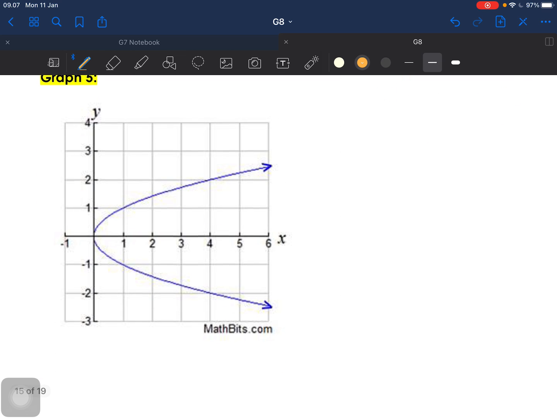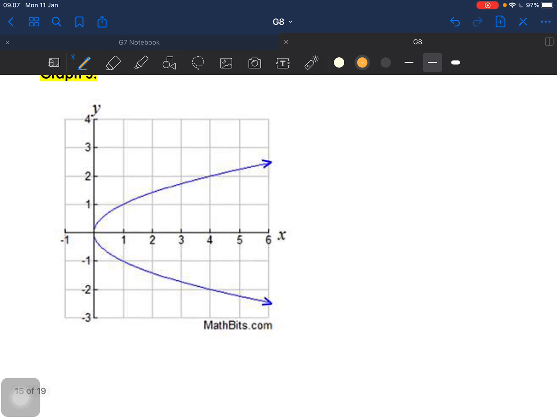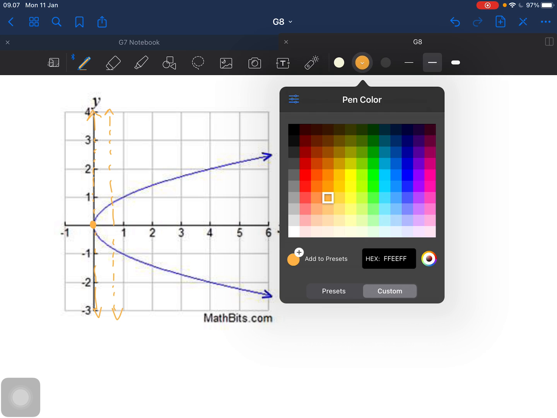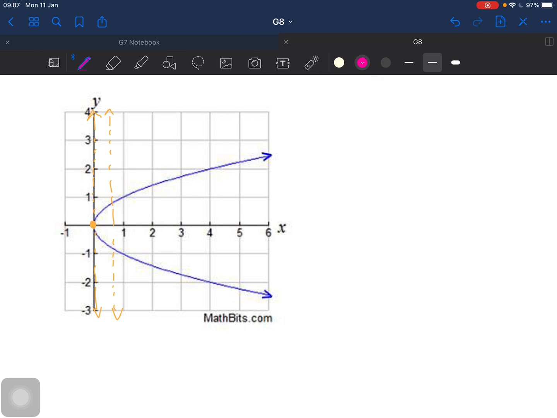Alright, so look at graph 5 here. For this one, you can already tell, so we're going left to right. So this one only 1 point, but then immediately, do you see how this graph intersects twice here? This vertical line, also twice here.